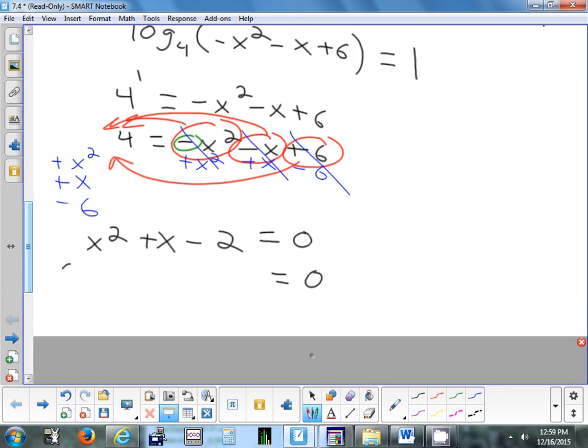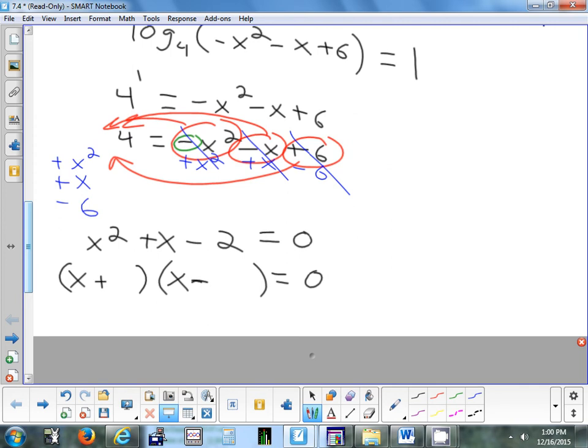Parentheses. Anytime you're going to factor, you always start with that. And now, what are my first 2 terms going to be? Yep. I have a positive middle and a negative constant. So what are my signs going to be? Yeah, it's one of each. So make sure you review that for factoring if you're not sure about that.